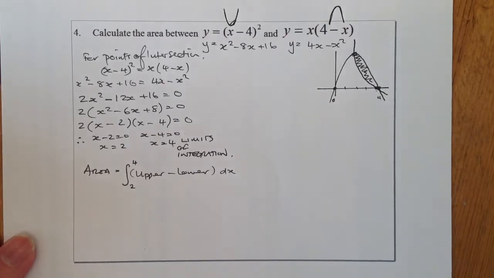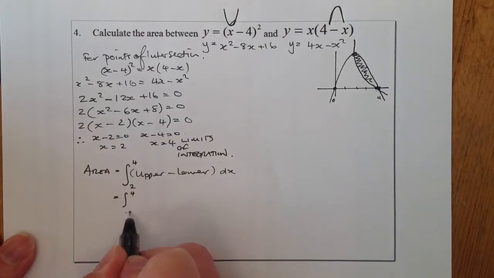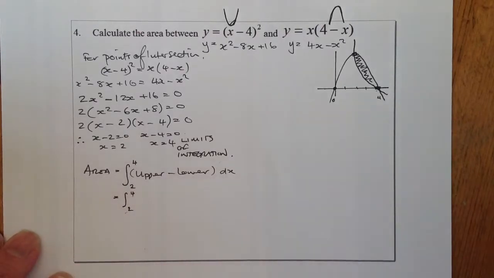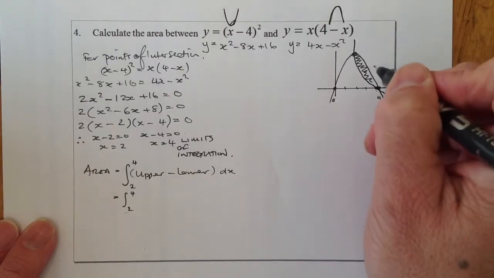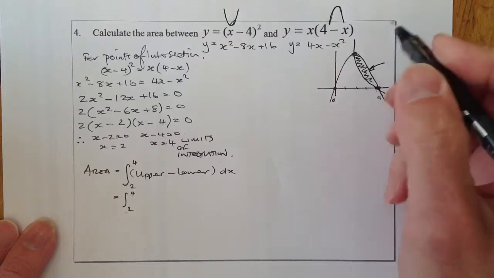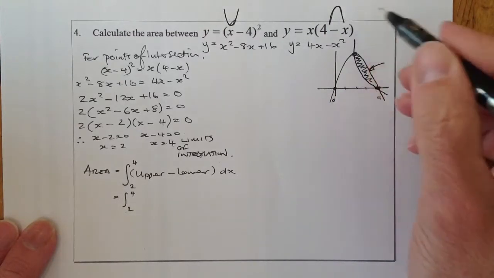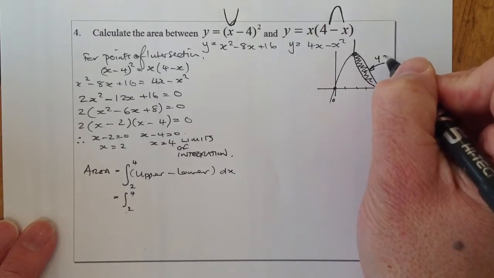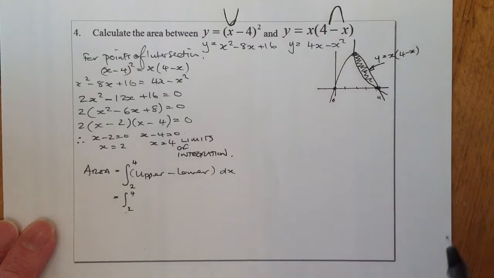Right, let's go and substitute our values in for the upper and the lower. So I've still got the 4 here and the 2 there. Right then, so if I look at the curves that I've got here, this curve that's just here, this curve was the one that had a negative coefficient, so that would be this one here. So this is y equal to x(4 minus x) there.